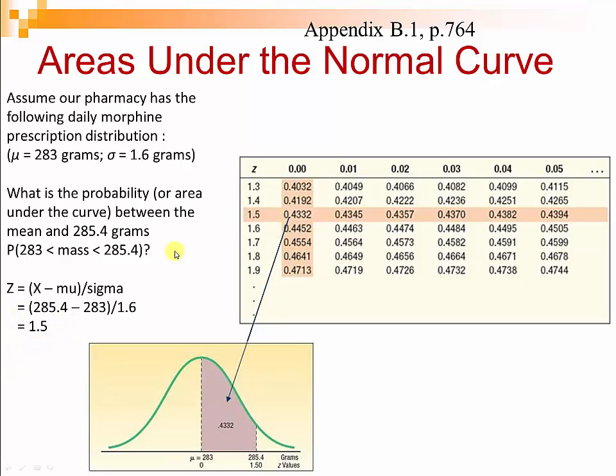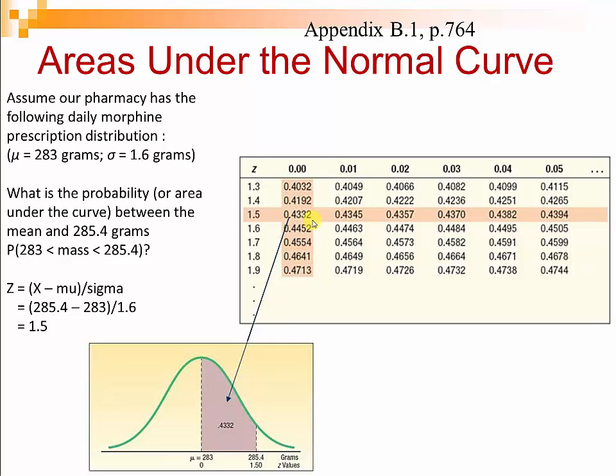Why 0? Because we have exactly a 1.5 as our z-score. If we had a 1.51, we would go over here, 1.52 over here, 1.53, and so on down the line. And if we find this value, we see it is 0.4332.